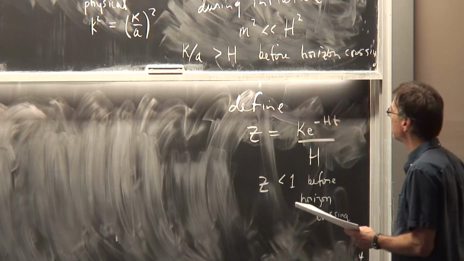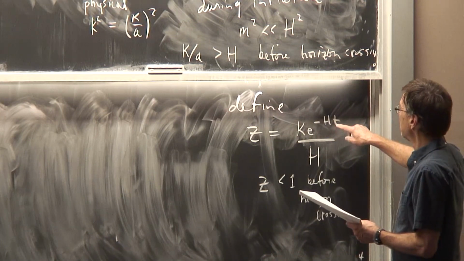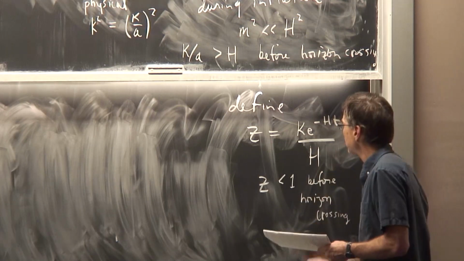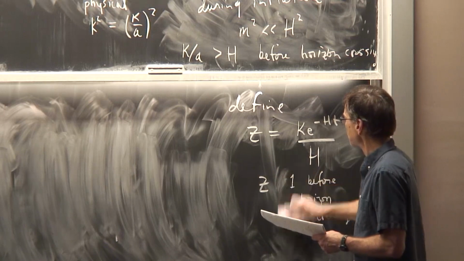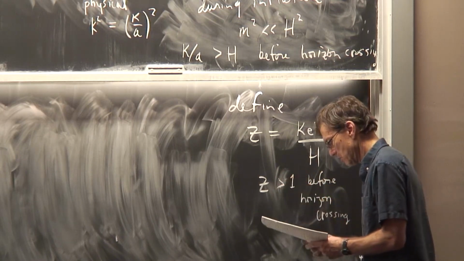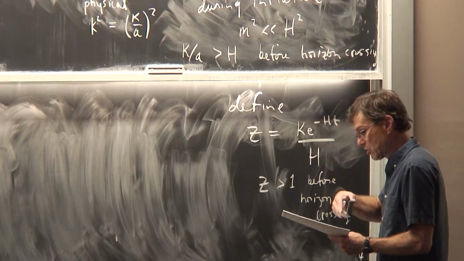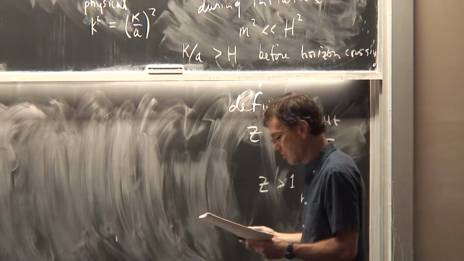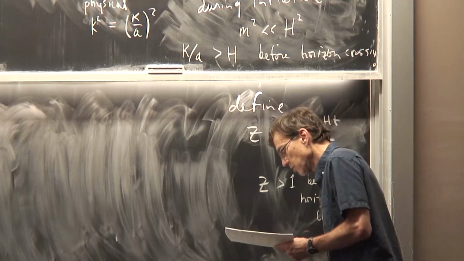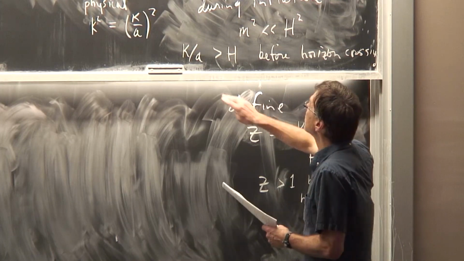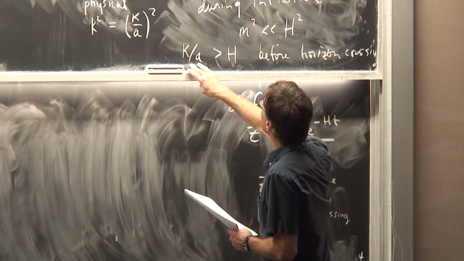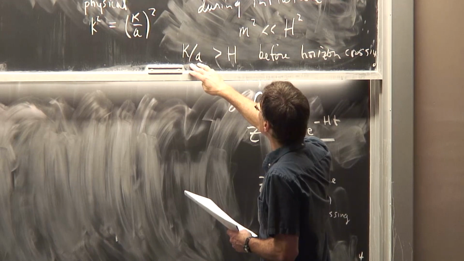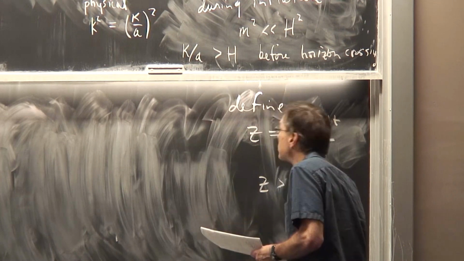Did I get that right? So k is large. No, k is large before horizon crossing. Crossing into or out of? It's always crossing out of when we say horizon crossing. Wouldn't k over a be smaller than H before it crosses? K over a is getting smaller.